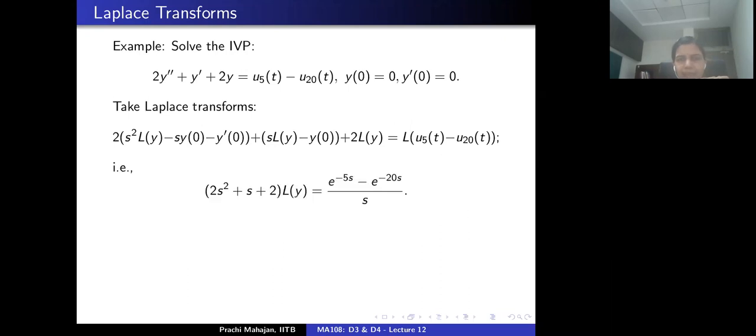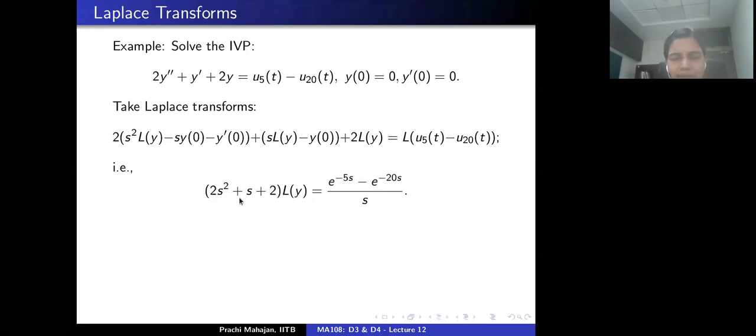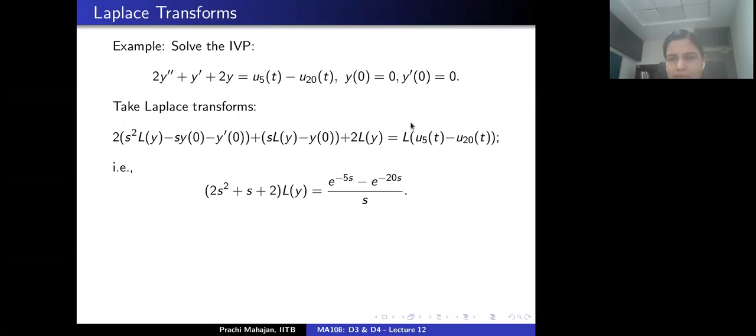So let's simplify this. We collect all the terms which involve the Laplace transform of y and plug in the information we have about the Laplace transform of the step function. I will first use the fact that the Laplace transform is linear to write the right hand side as the Laplace transform of u5 minus the Laplace transform of u20.